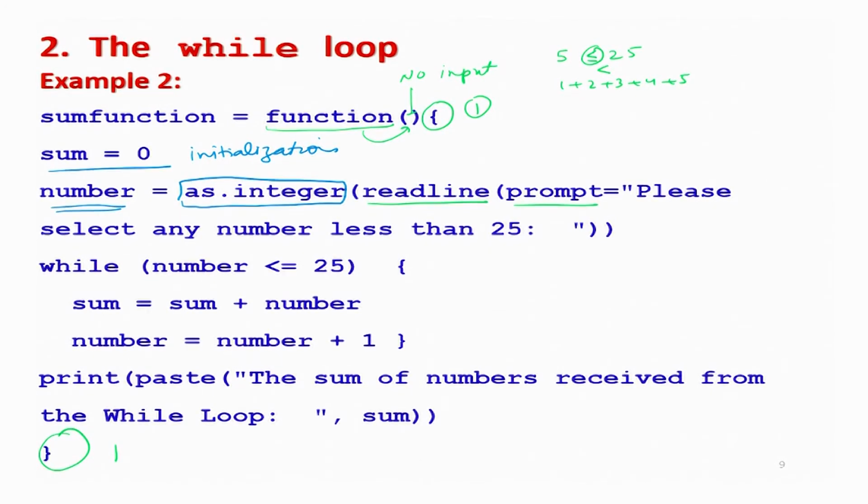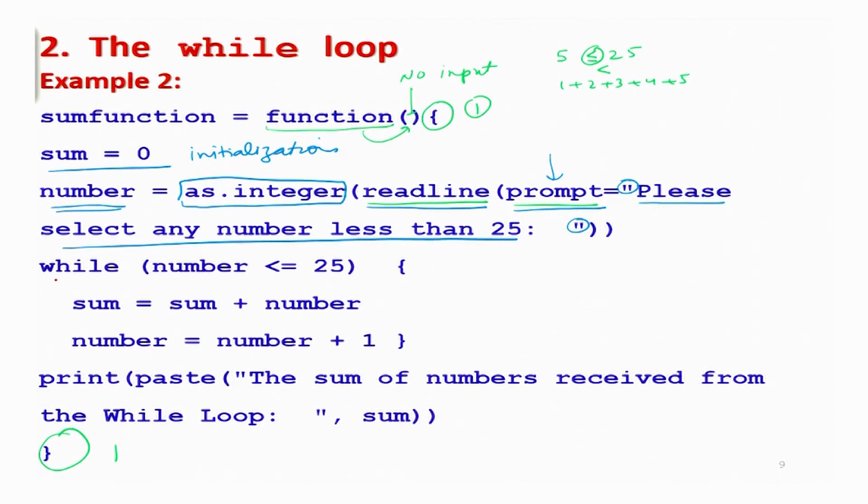After this I use readline, and then I write prompt, and within double quotes I write a statement, please select any number less than 25, right. So, when you execute the program, it will stop here and prompt you to first enter the value.